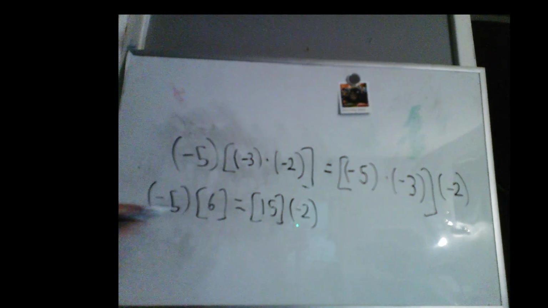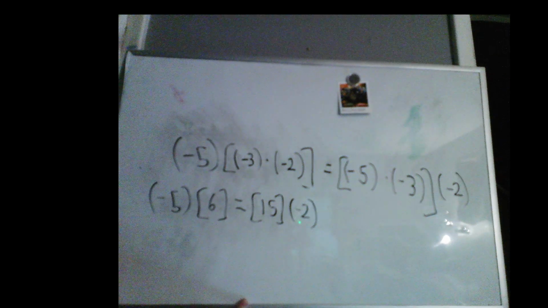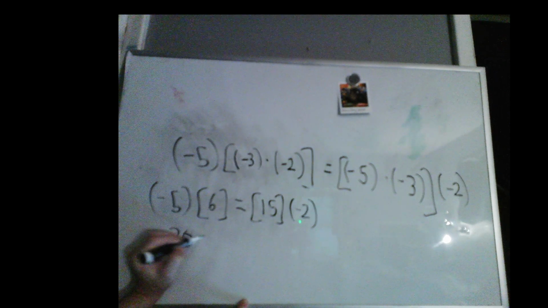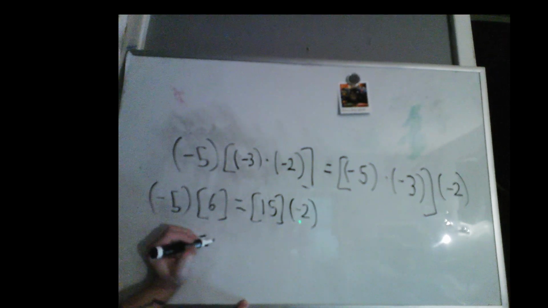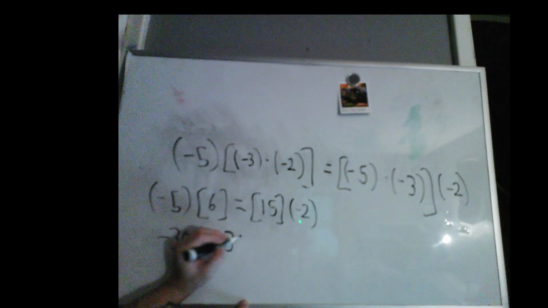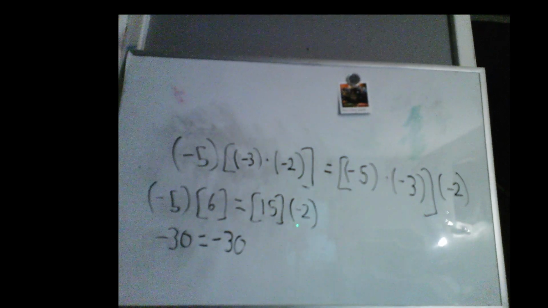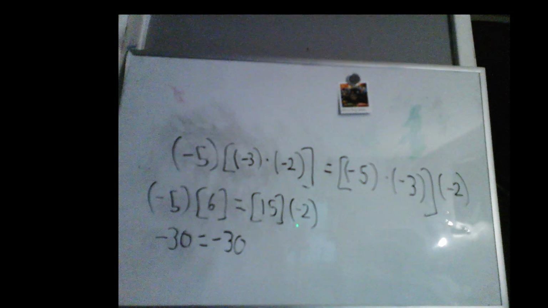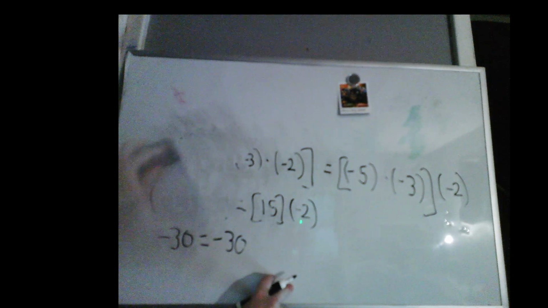Here we got negative 5 times 6 is negative 30. And then 15 times negative 2 also equals negative 30. The property of that is the associative property of multiplication. Move on to the next equation.